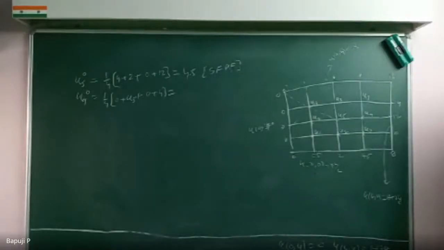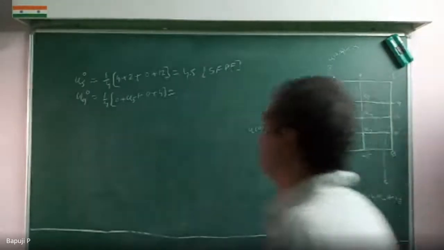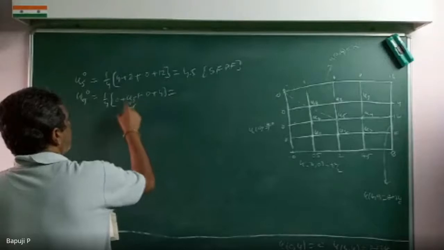Substitute that value, then simplify. 0 plus 4 plus 4.5 by 4. So 8.5 by 4. What will you get? 2.125.